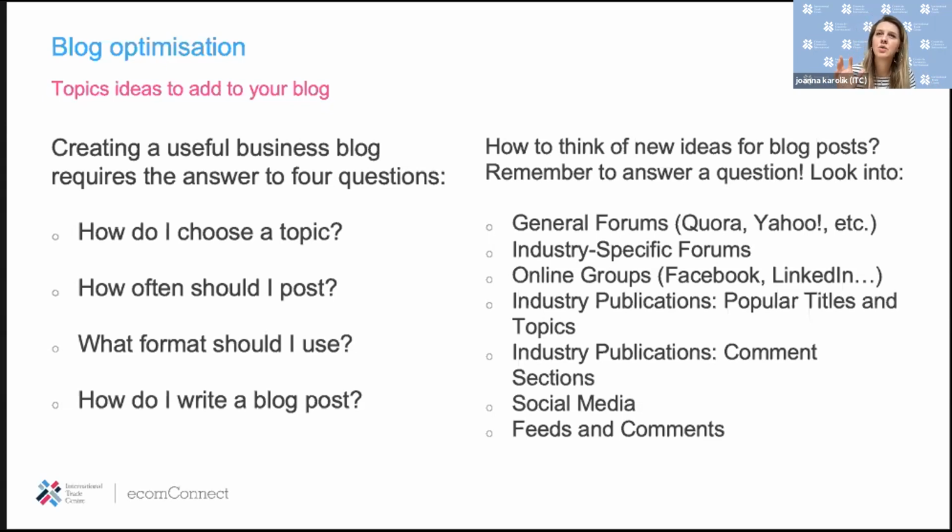However, you are talking about a topic that is actually really impacting your sector. So it's about finding some subject that might relate to your industry at a particular moment in time.